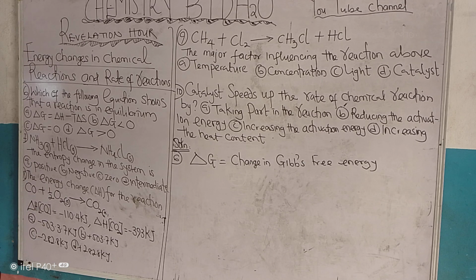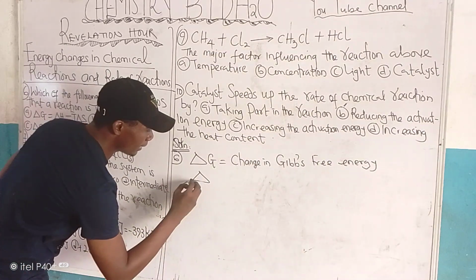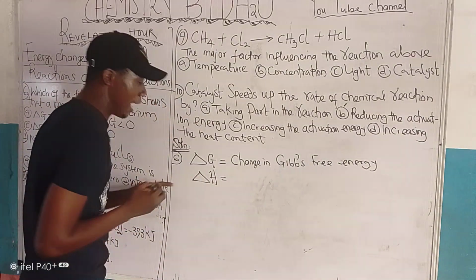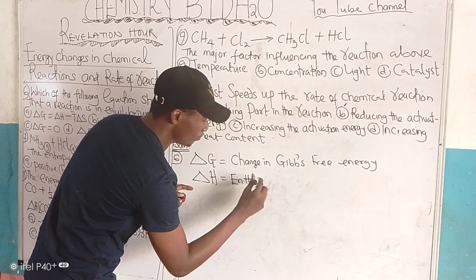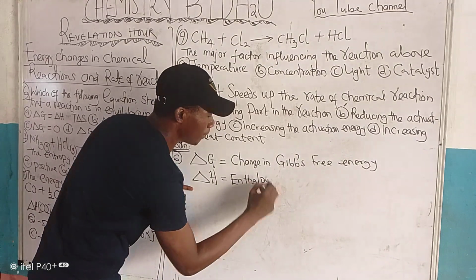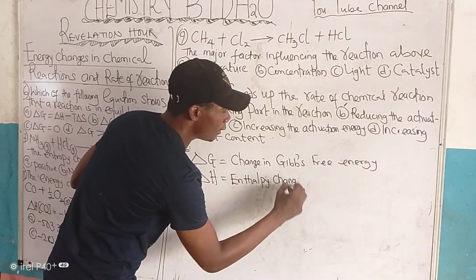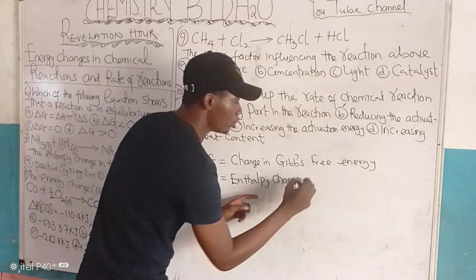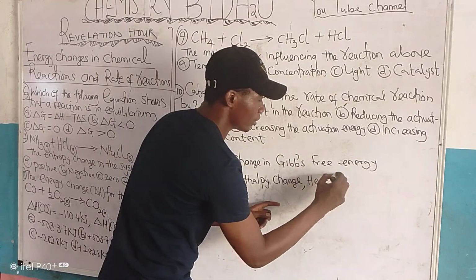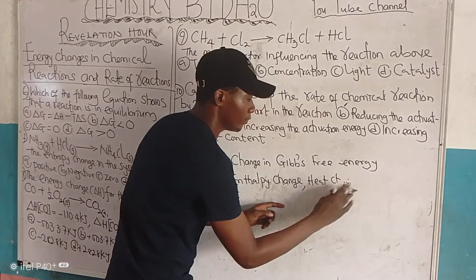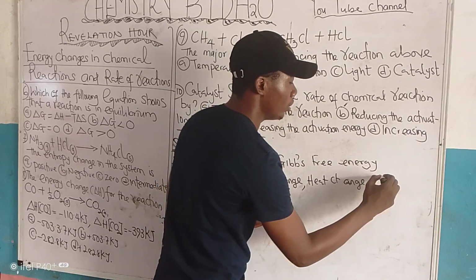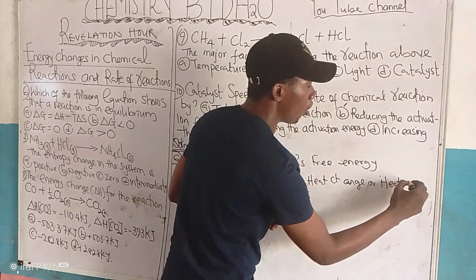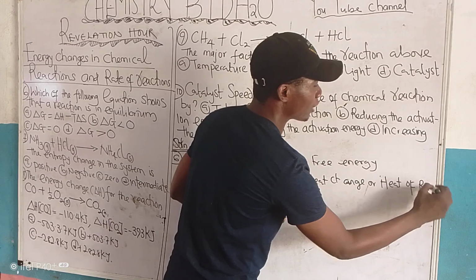Now again, there's what we call delta H. This one is called enthalpy change. Another word for it is your heat change. Another word for it is your heat of reaction.